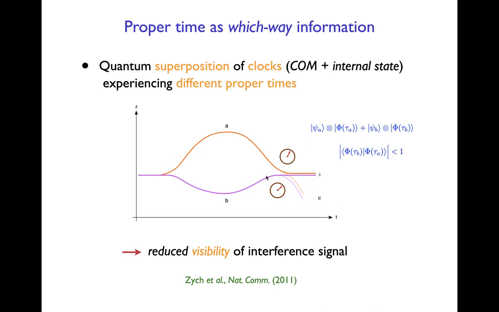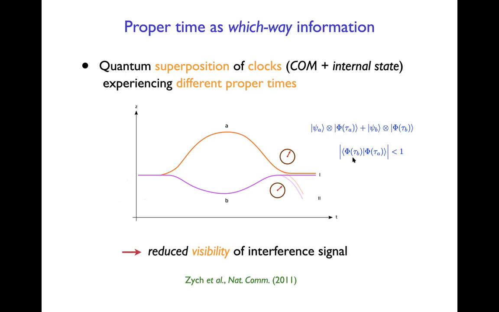And now the interesting situation is where the central trajectories along the different arms of the interferometer correspond to different proper times, because in that case, the internal state corresponding to the clock will no longer be the same when they are recombined at the two exit ports. And this will have an effect on the interference that you measure.